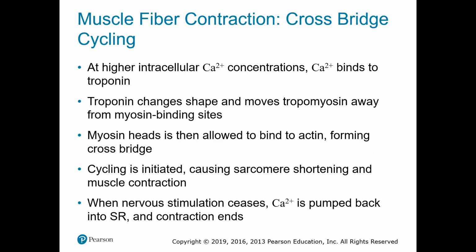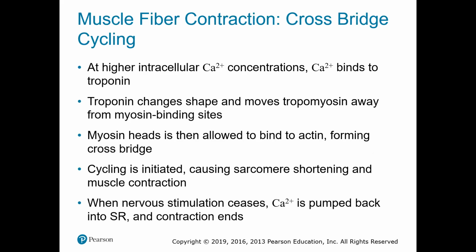Calcium binds to troponin. Now, troponin is attached to the tropomyosin. And when calcium binds, the troponin rolls over and drags the tropomyosin with it. This exposes the binding sites on the actin.